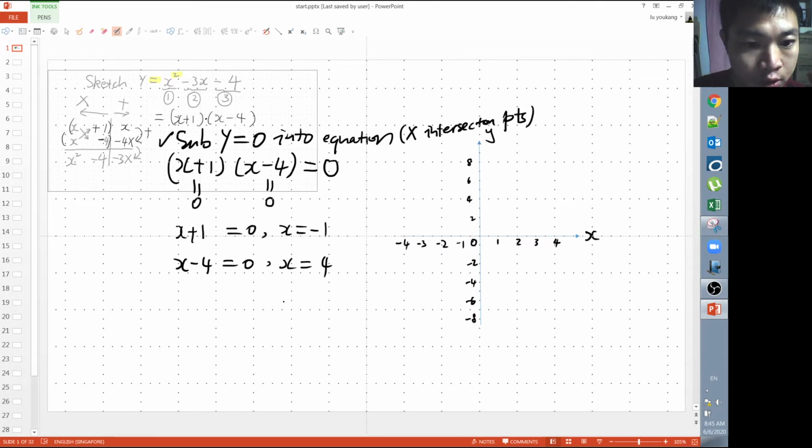So you have 2 points just by substituting y equals 0 into the equation. Your first point is x equal to minus 1 and y equal to 0, and the next point is x equal to 4, y equal to 0. So you have 2 coordinates already, so continue to find more coordinates.